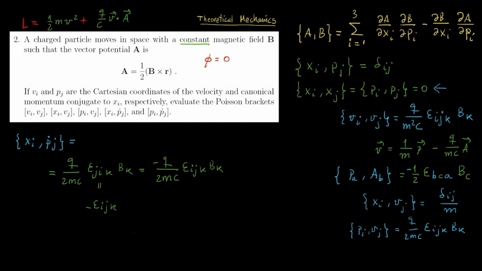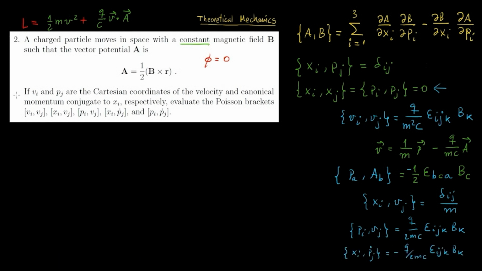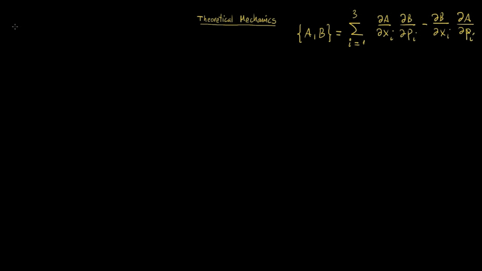Let me write this quantity smaller. Great. In order to do this, let's delete a little bit because I have no space here. Okay, let's calculate {p_i, ṗ_j}, and there are many ways to do this calculation, but I've selected the one I like the most.